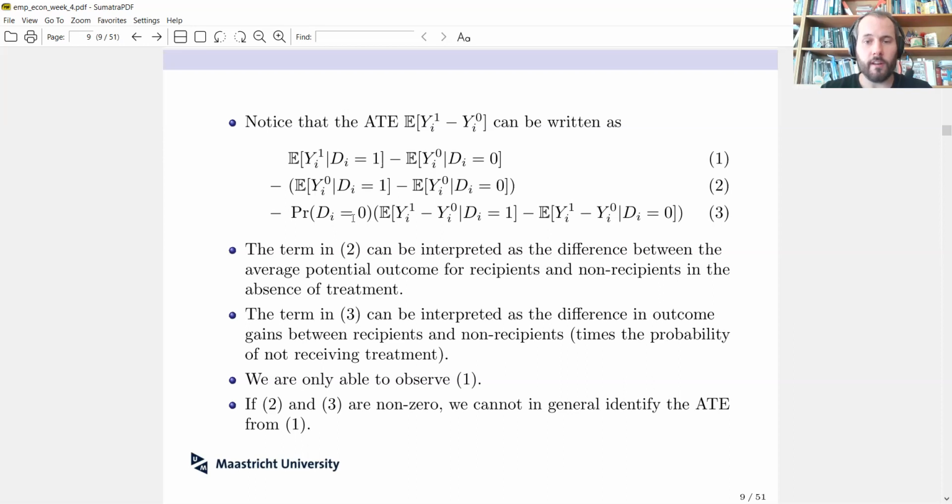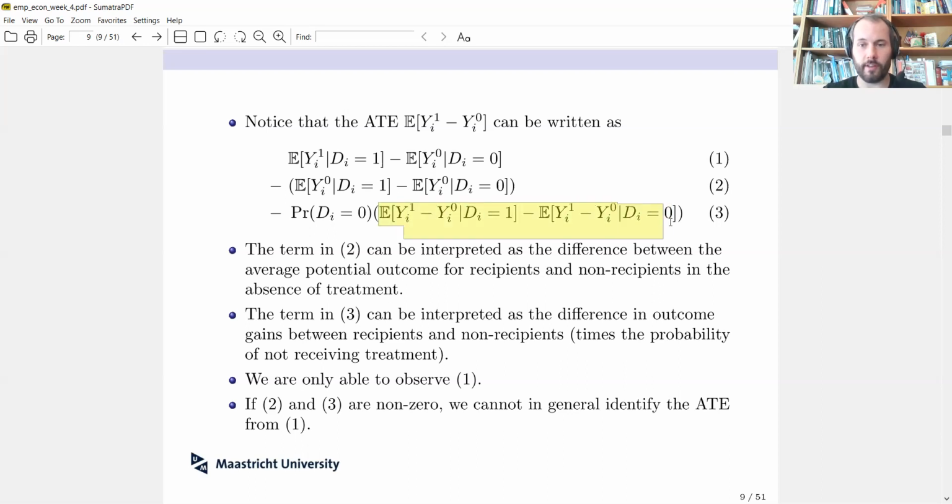And term 3 can be interpreted as it says here: the difference in outcome gains. We look at outcome gains between the treated group and the non-treated group. It could also be that for the people that go to the hospital, the gain from hospitalization is higher than for the group that does not go to the hospital.